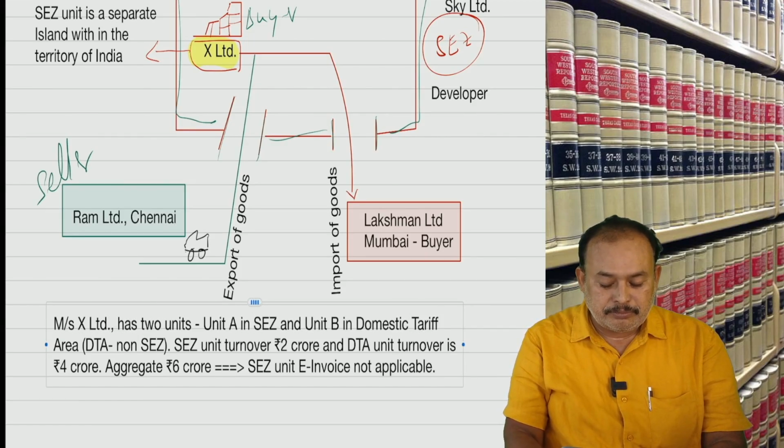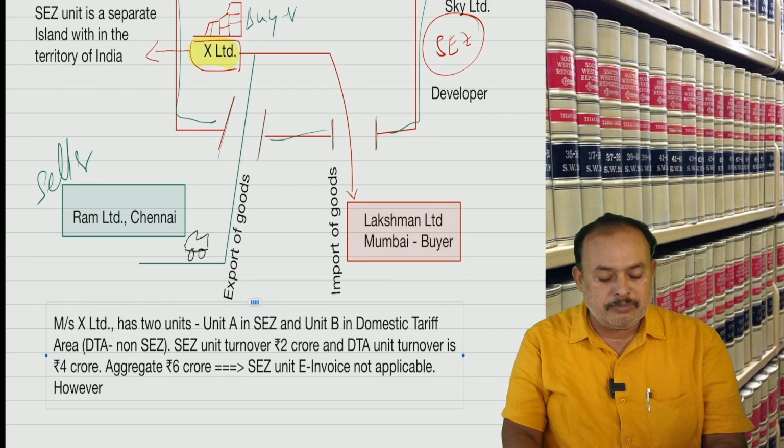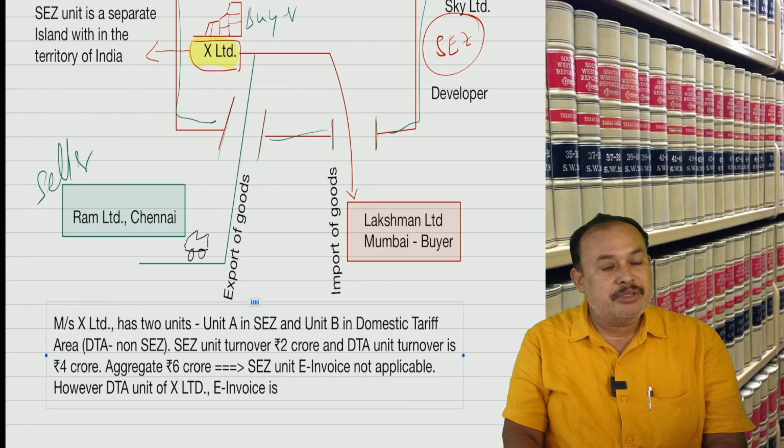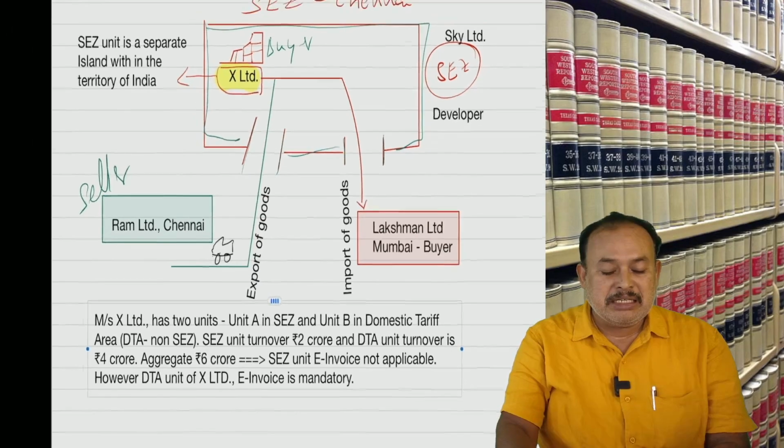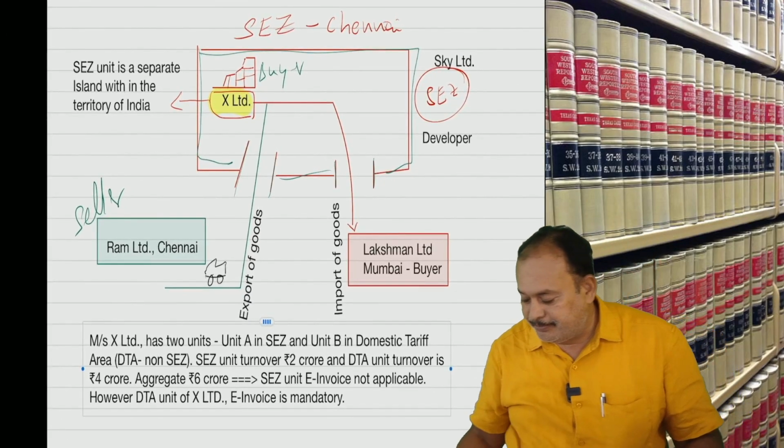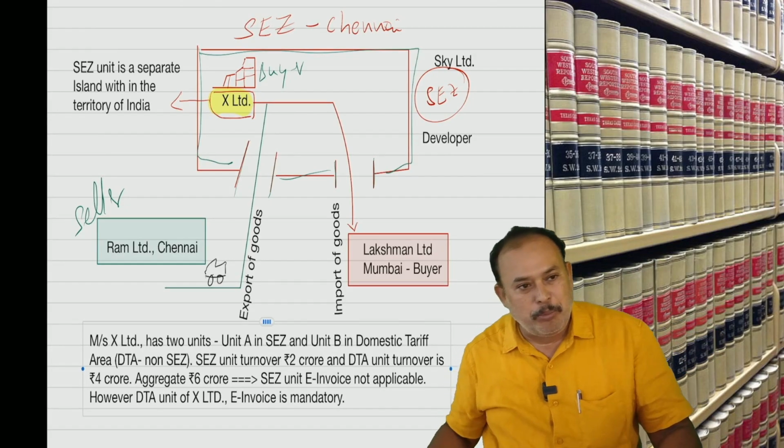However, DTA unit of X Limited, E-Invoice is mandatory. This is the way in which clarification was given by the CBIC. You get my point?